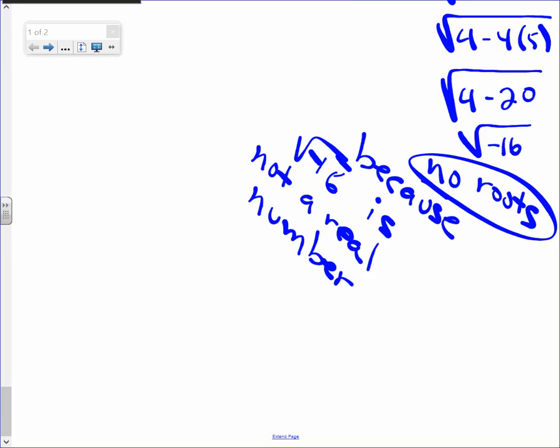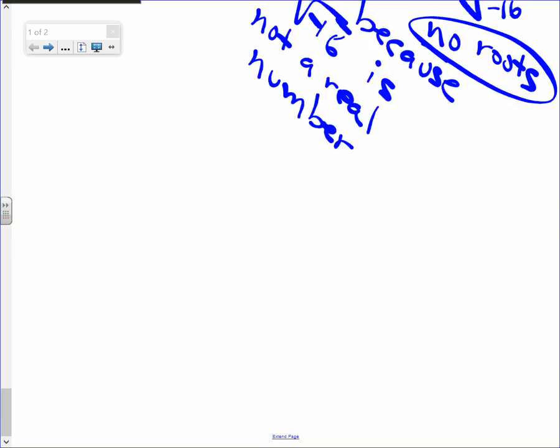So now, step 5. Last step on your notes.